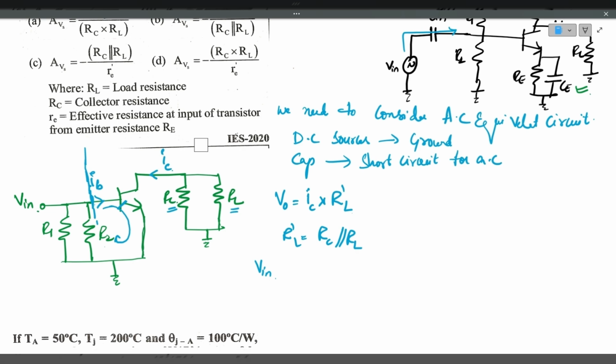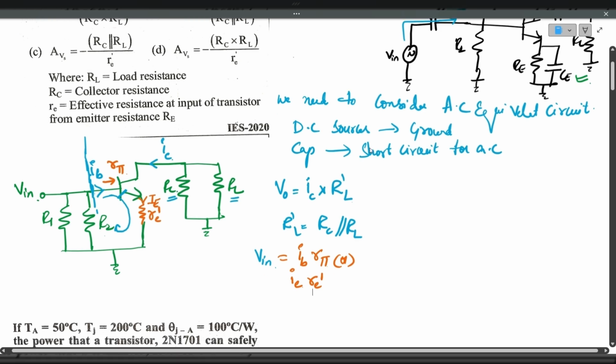That resistance is called emitter model resistance, through which IE, the emitter current, is flowing. Now if you take that particular equation, input voltage is nothing but IB into R pi. R pi is the resistance that is appearing here. Or you can take it like this also, IE, the emitter current that is flowing through RE dash. This is the input voltage.